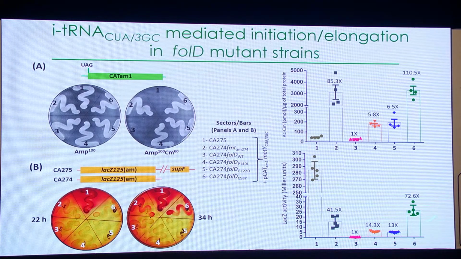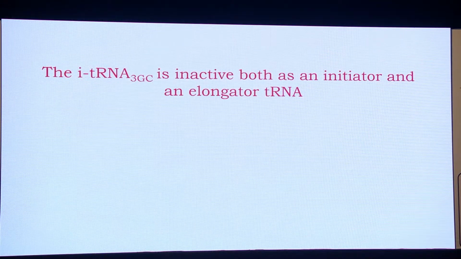If you do the enzymatic assays, you find that all of these three strains actually initiate as well as elongate. So this really works in that the tRNA is now distributed into two forms, the aminoacylated form and the formylated form. Aminoacylated goes and participates in the elongation step, and the formylated form goes and participates at the initiation step.